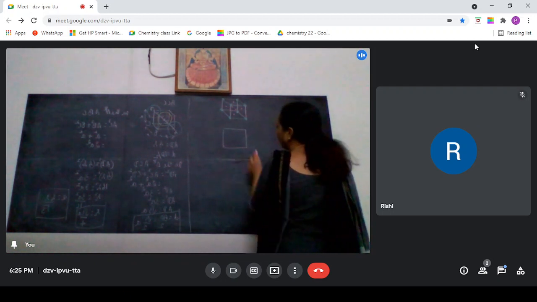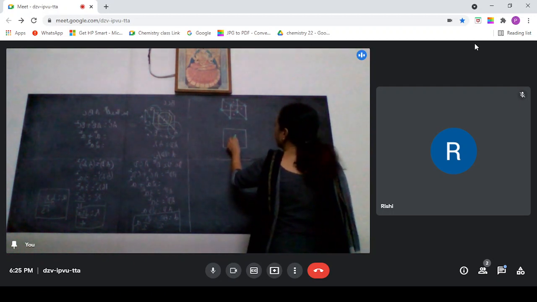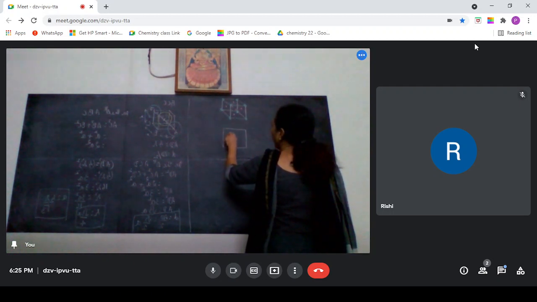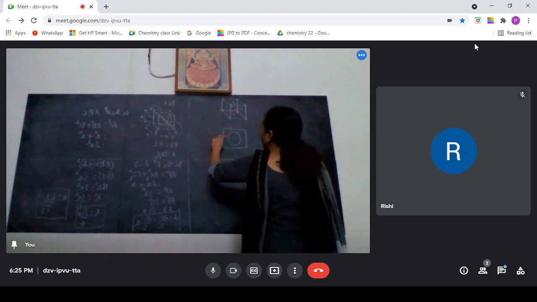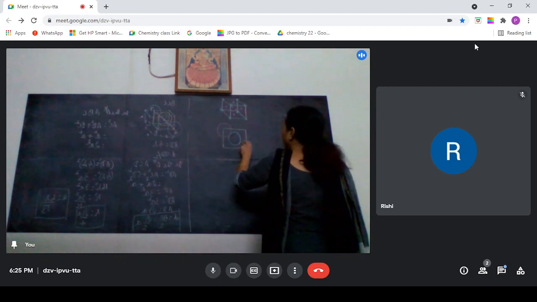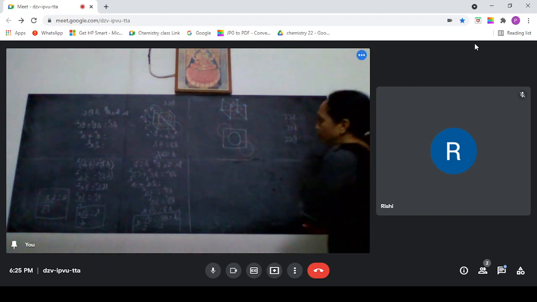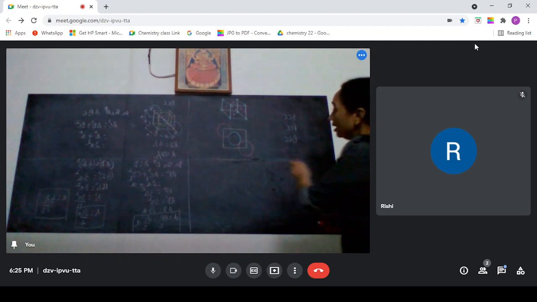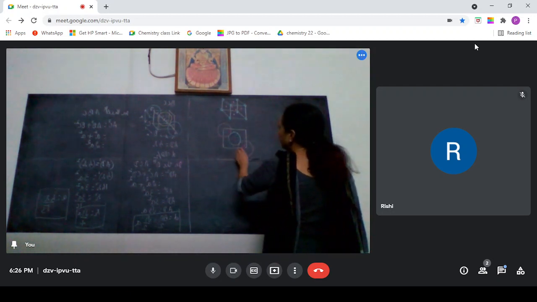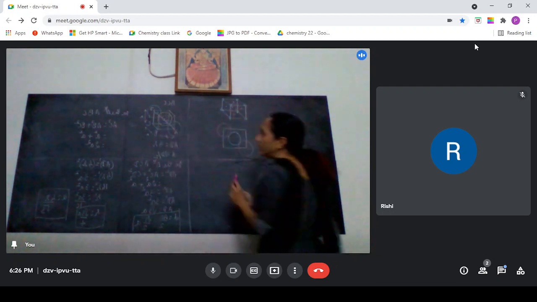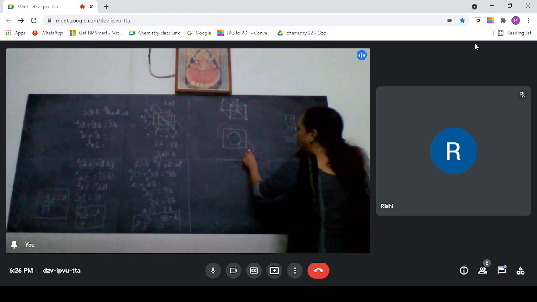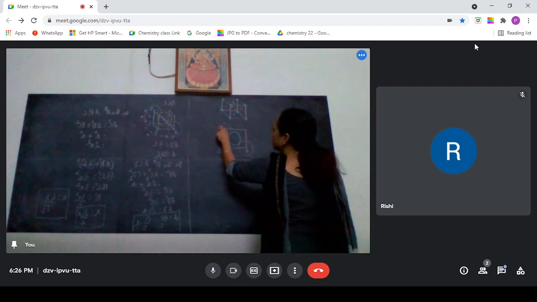If you take one face, you have one particle at the center of the face, one particle above it and one particle like this. This is only one face I have taken. Here this is the entire cube. That is the difference. Now, I will name this as A, B, C.